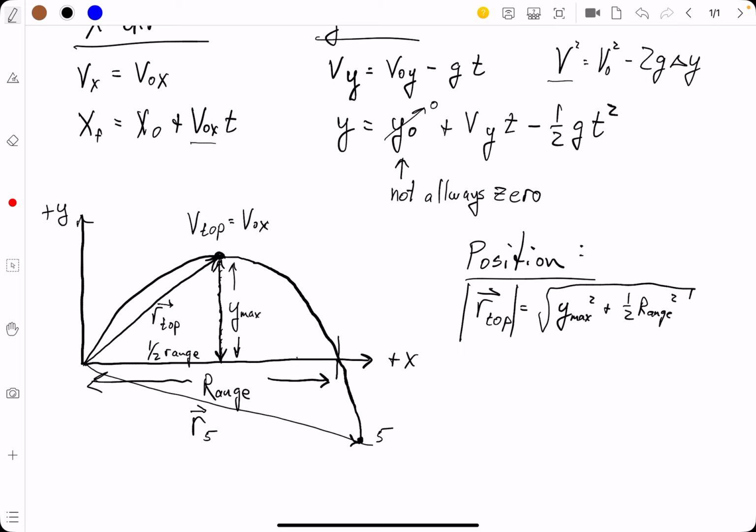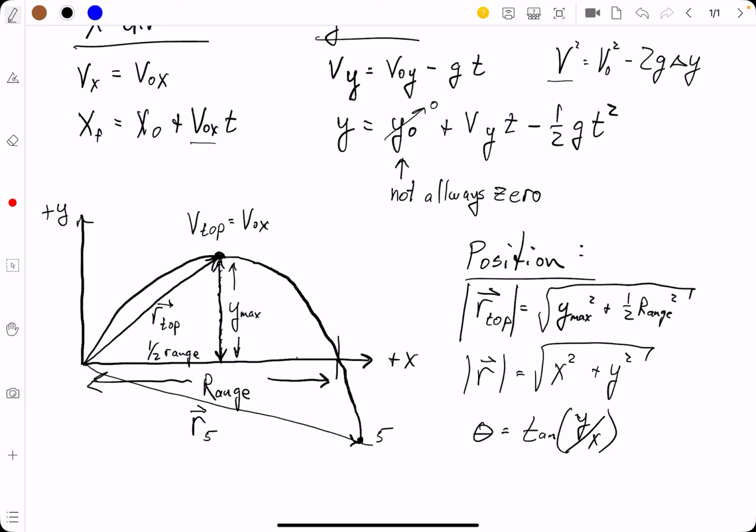But in general, what does that mean? In general, we can say that r, the r vector, is equal to x squared plus y squared, take the square root. And then, of course, theta is equal to the arctangent of y over x.